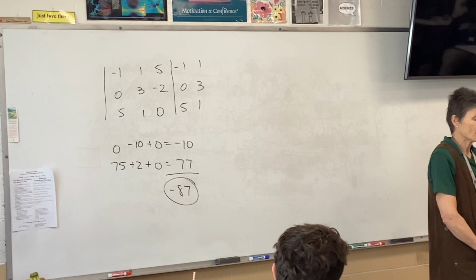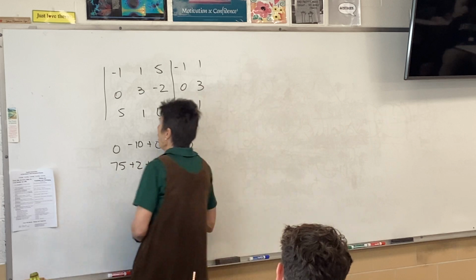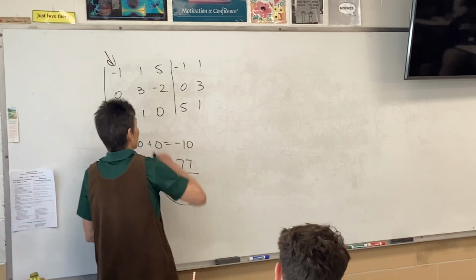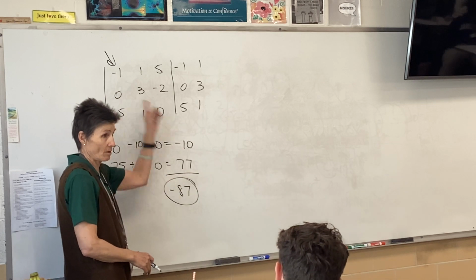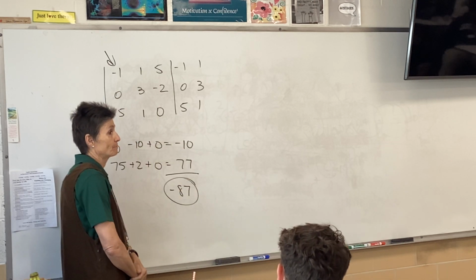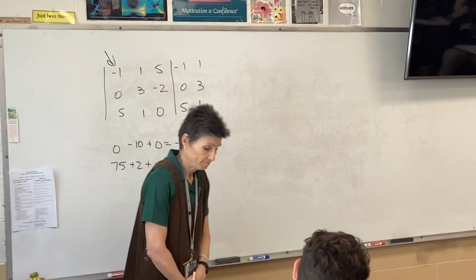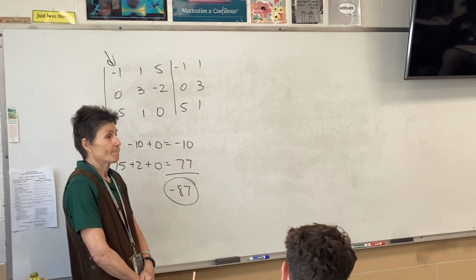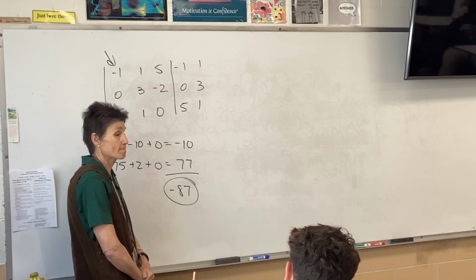A mistake that's made here sometimes is we do it in the wrong order. Always, always, always start with the first number. So always start this way. That's where we start. All right? You start at -1 and go down? Always.